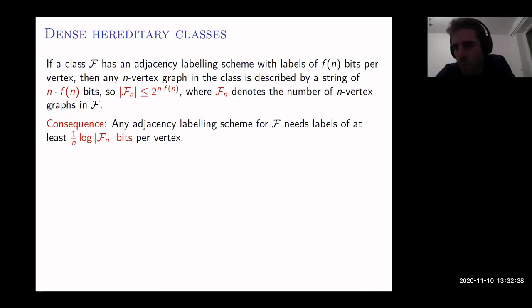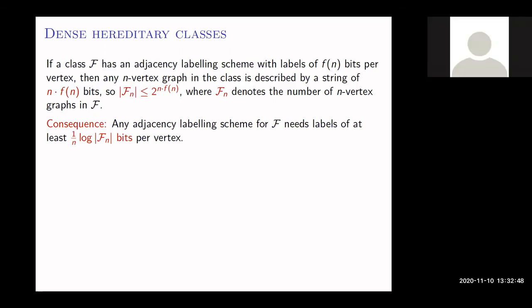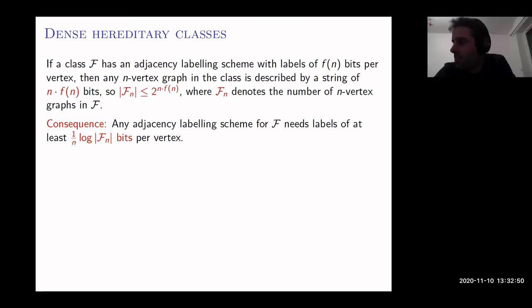So you would fix the tree widths of the rows, and you would ask to minimize the size of the path. Yes, the length of the path, right?